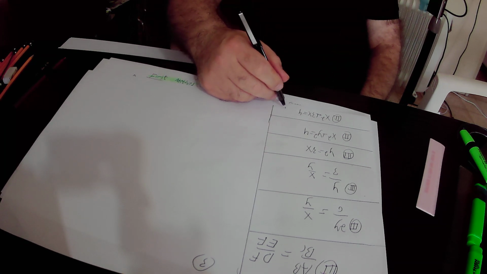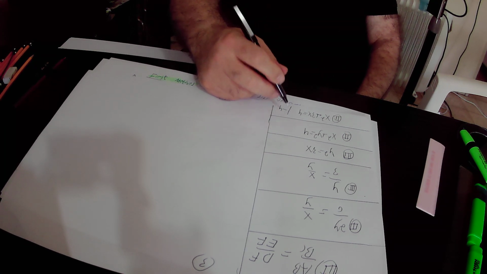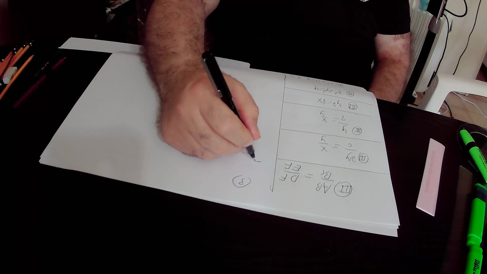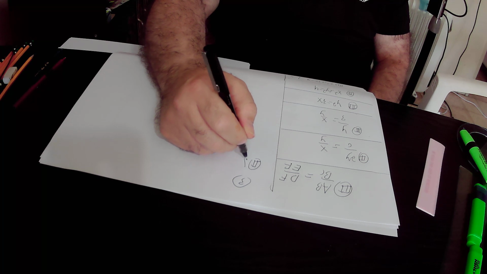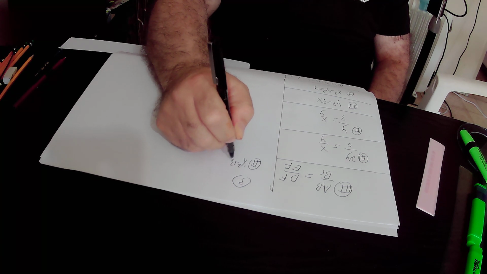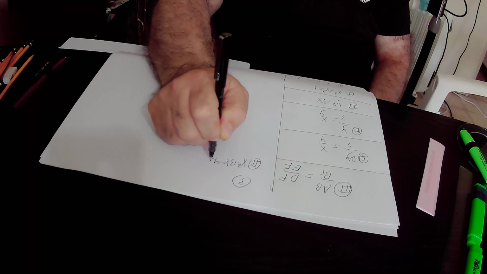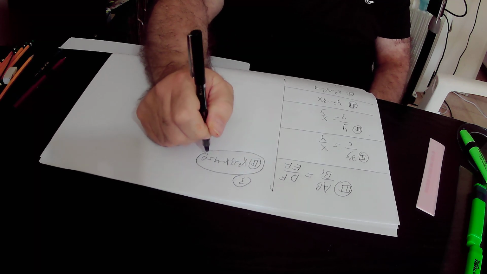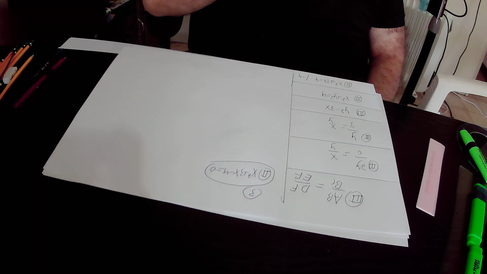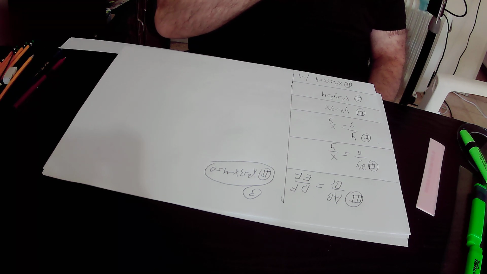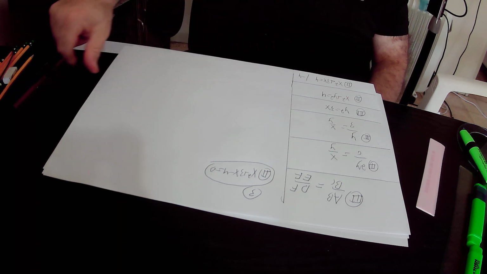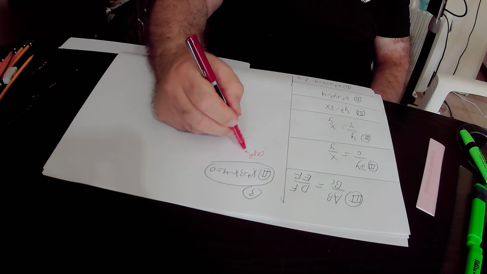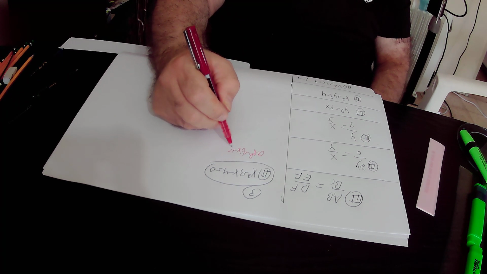We will subtract 4 from this equation number 2, and we will get that according to equation number 2, x squared plus 3x minus 4 equals 0. So we have here a quadratic equation, and the general formula for a quadratic equation is ax squared plus bx plus c equals 0.